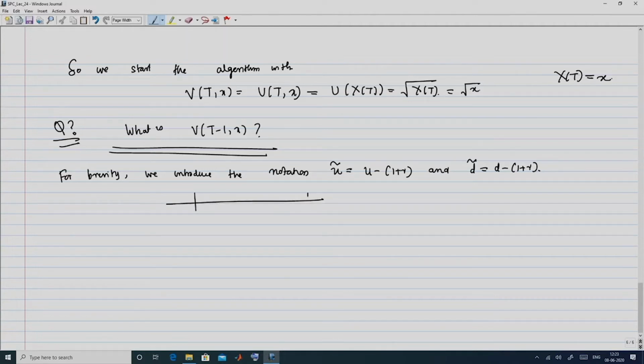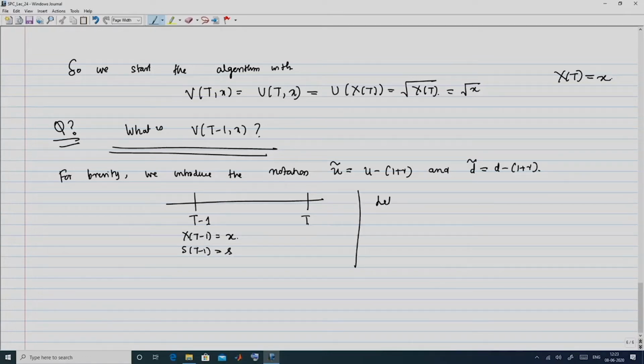So, now let us look at this time point t minus 1 prior to capital T, and we take the wealth level x at t minus 1 again to be some generic value of x, and the spot price s of t minus 1 is equal to s.